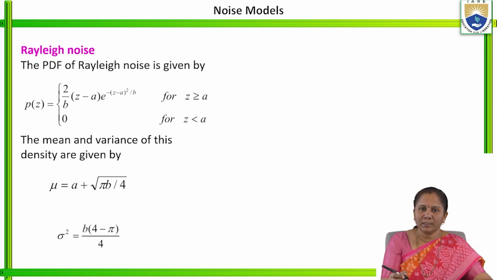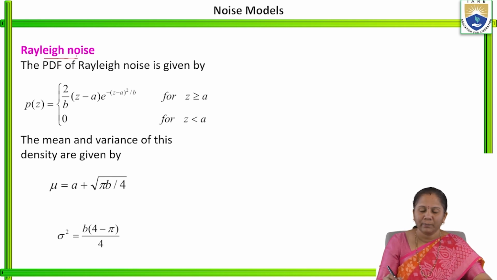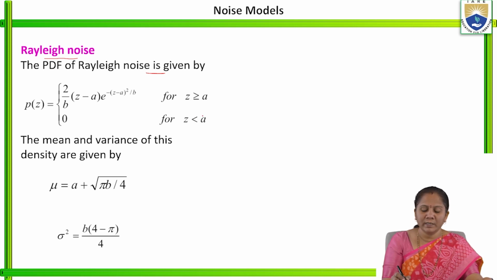Now coming to the next noise model, the second noise model, which is Rayleigh noise. The probability density function for this Rayleigh noise is given by P of Z is equal to 2 by B into (Z minus A) e power minus (Z minus A) whole square by B, when Z is greater than or equal to A, and it will be 0 for Z less than A. Here the main thing is the parameters.